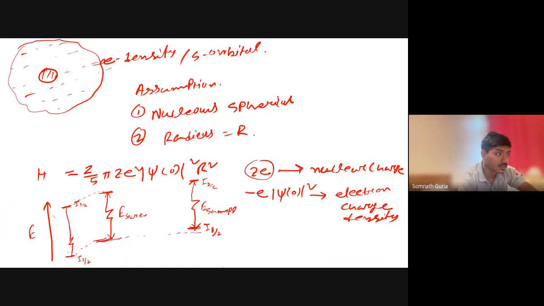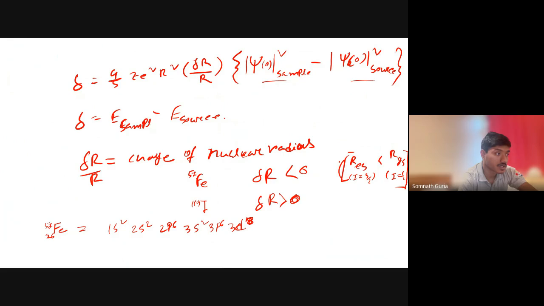Then we found an energy term, that is delta. This delta is 4/5 Z square R square times delta R by R, times the sample psi square, the probability of electron density, minus the source psi square. Depending on that, we can calculate how much energy we need to move the source.